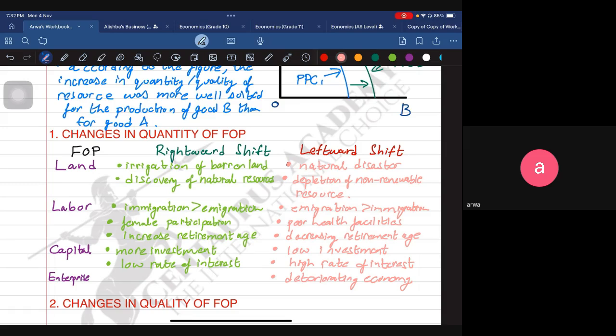So another point for the left shift then. What about lack of government support? What will happen if there is a lack of government support? For example, a government usually provides subsidies for a business for the supply.